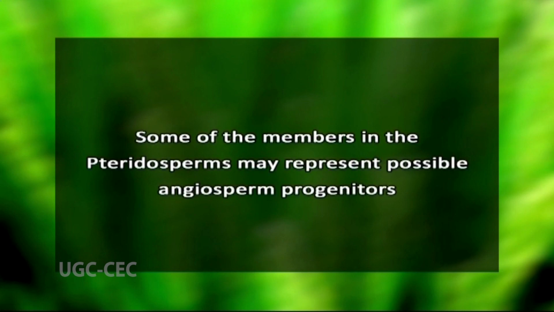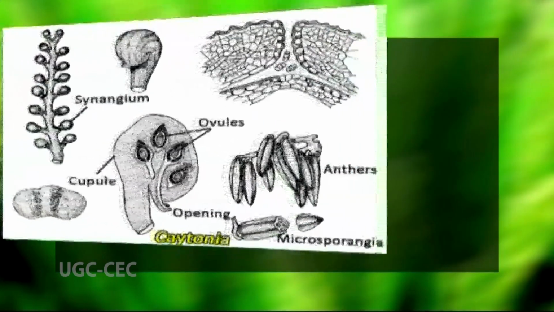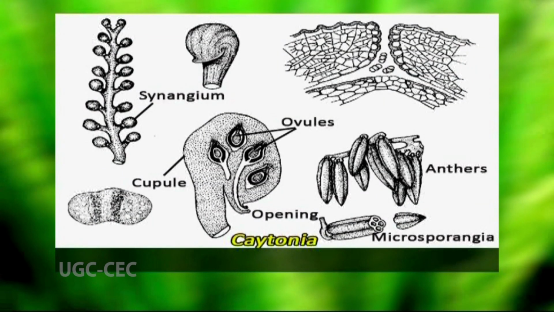Some of the members in the Pteridosperms may represent possible Angiosperm progenitors. One such fossil taxon that best exemplifies a possible transition to angiosperms is named Caytonia. This Caytonia possessed reproductive structures very similar to those we see in angiosperms.